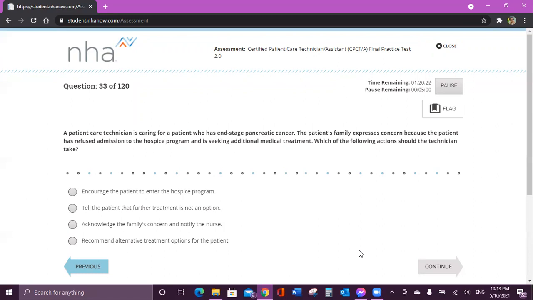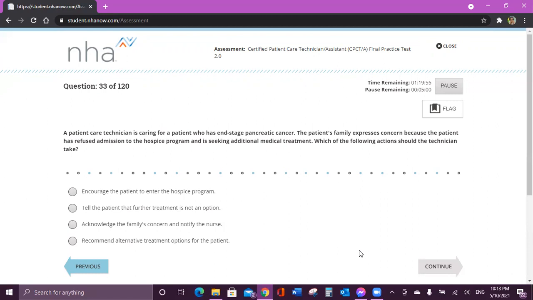A patient care technician is caring for a patient who has end-stage cancer. The patient's family expressed concern because the patient has refused admission to the hospice program and is seeking additional medical treatment.